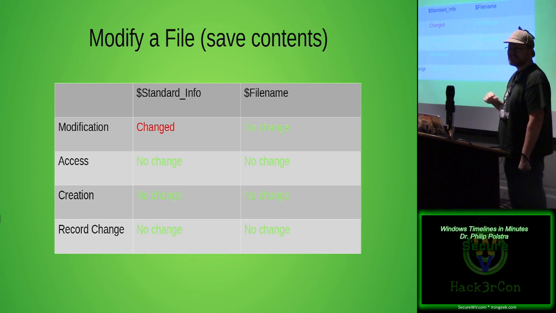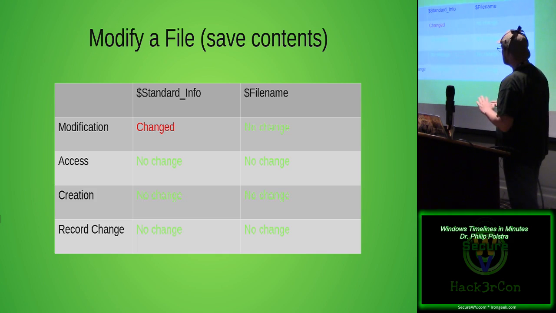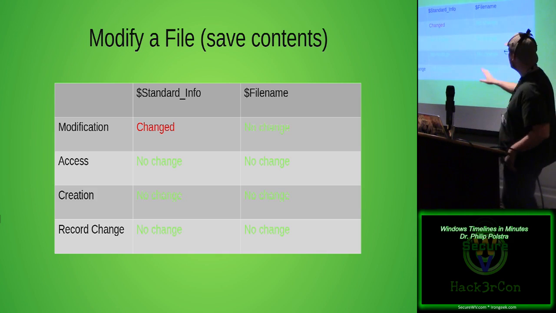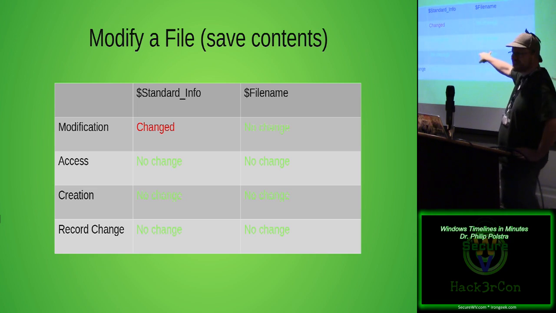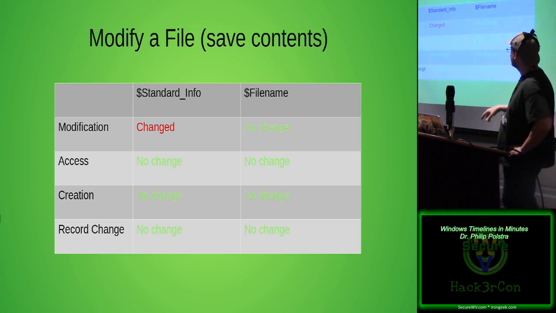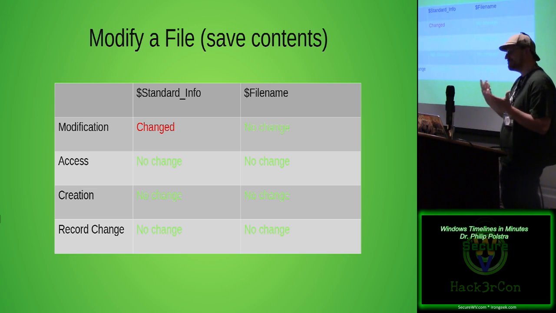So it's not a problem if these two differ, right? If these two timestamps differ, you might initially think, ooh, some evil hacker has done something to my system. But the truth is, that's what's supposed to happen. It only changes one place.